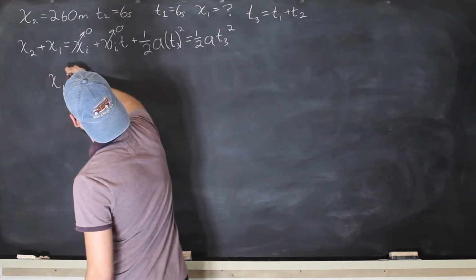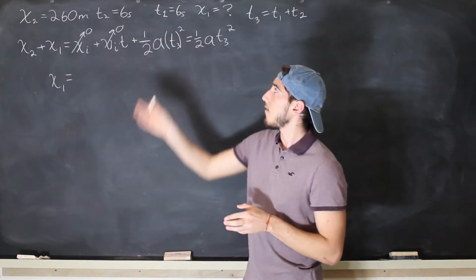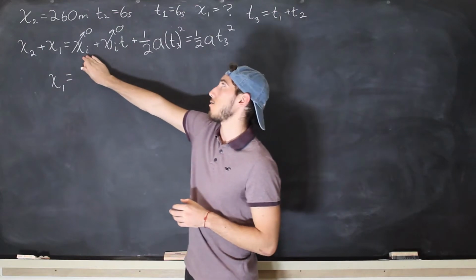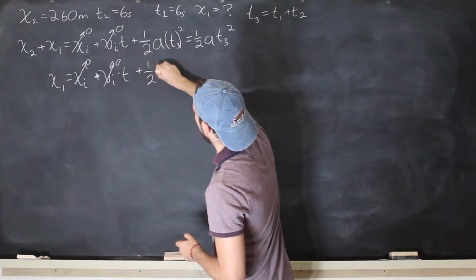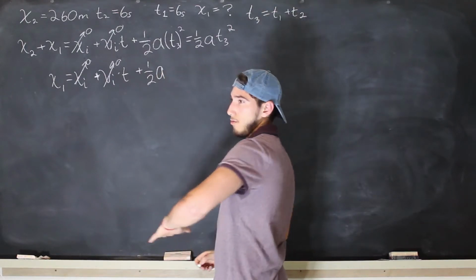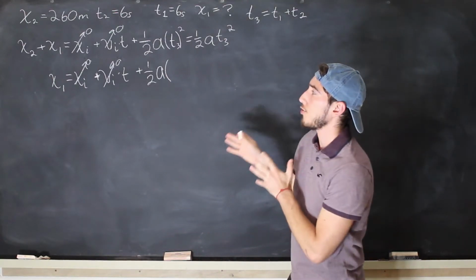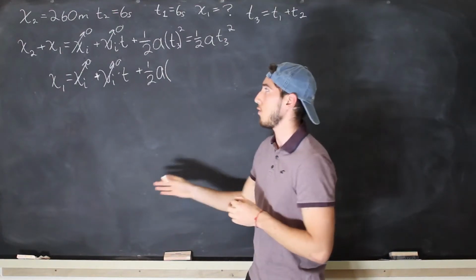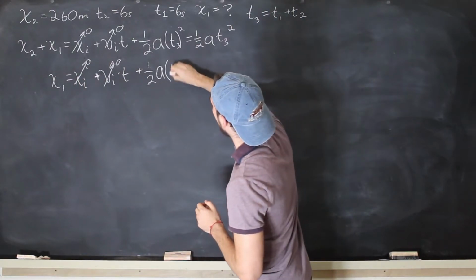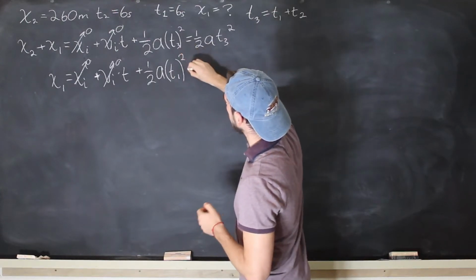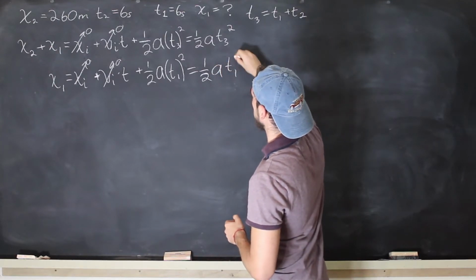x1 is equal to, and since x1 is the first distance, the first 6 seconds, then our x initial and our v initial is going to be the same. Plus 1/2, and it's going to be the same acceleration because this is a uniform ramp, times, now, it's not the total elapsed time, right? This is only the first part. So the first 6 seconds, so we're going to have time 1 squared, which means x1 is equal to 1/2 acceleration t1 squared.